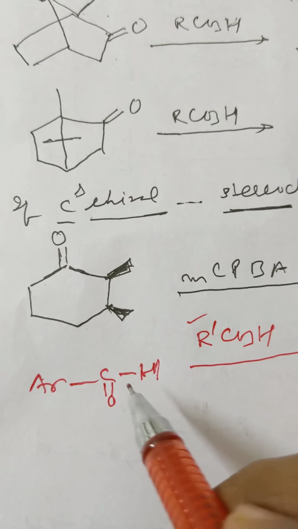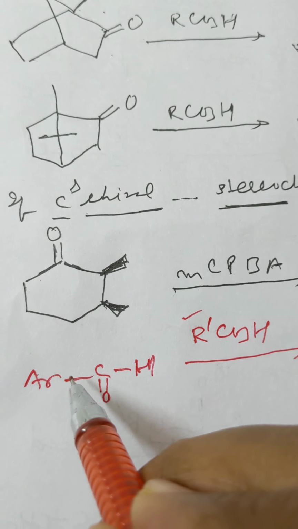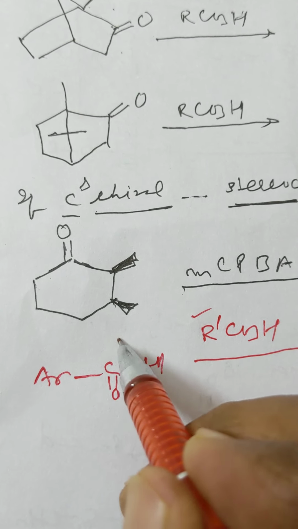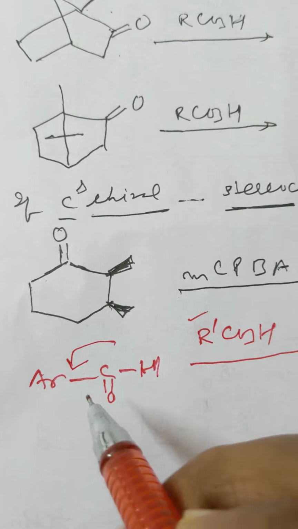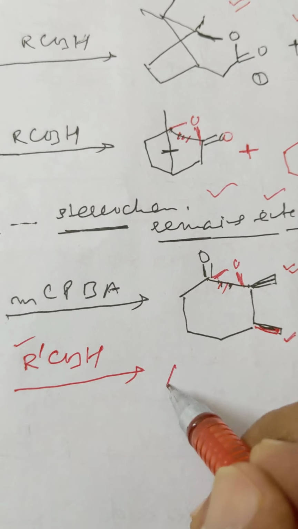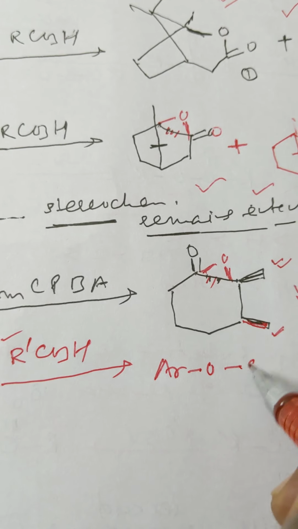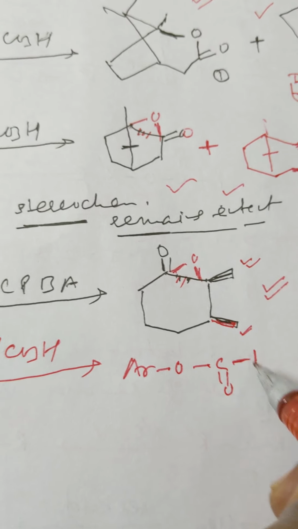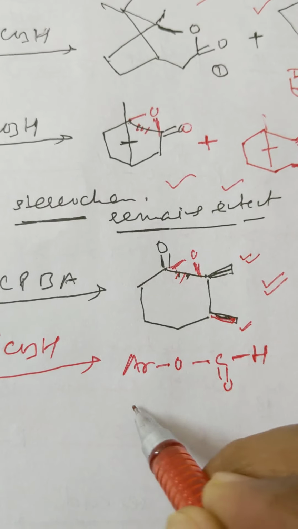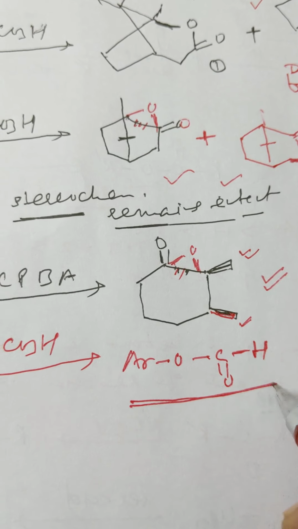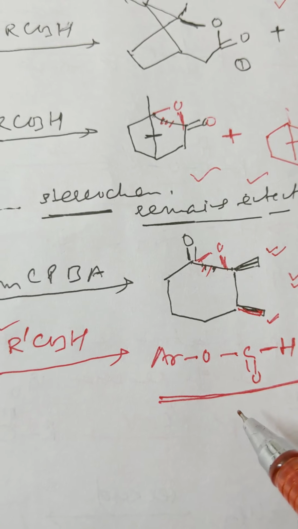In this case, the aryl group migratory aptitude, as you have studied, is more. Oxygen is in between this and this, and after insertion of oxygen, our product will be like this, C double bond O H. What is this? An ester, but formates are formed in this case.